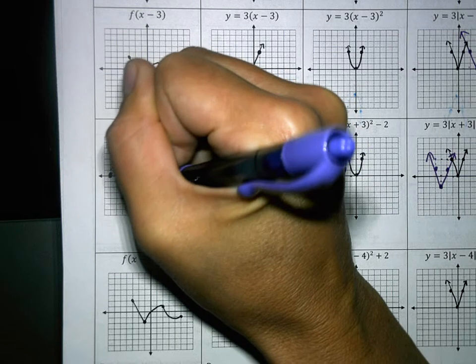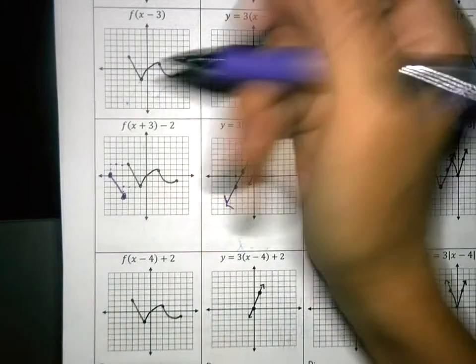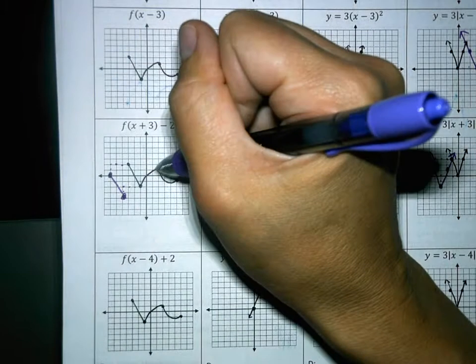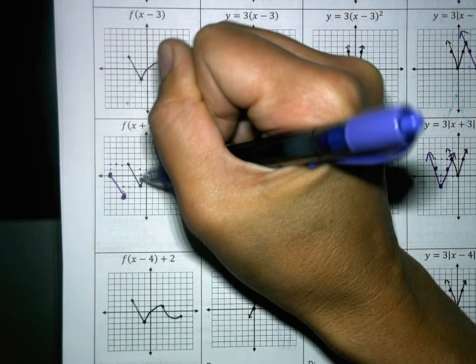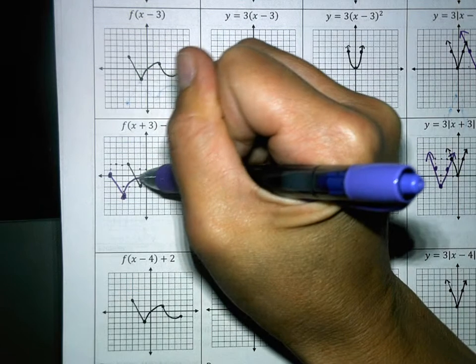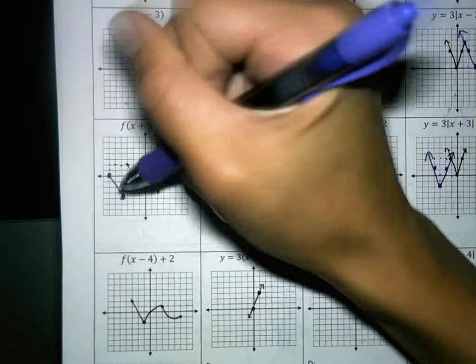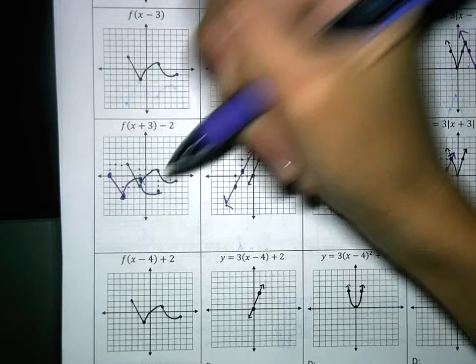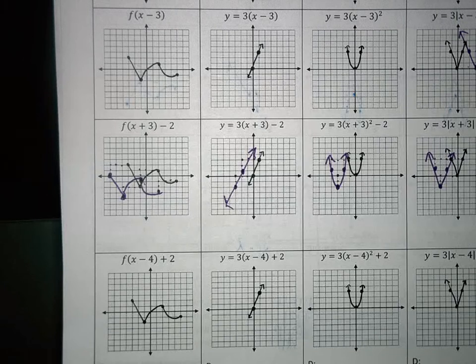And you could even do like two points, draw that piece of the graph, and then plot your next point and draw that part of the graph. Any questions?